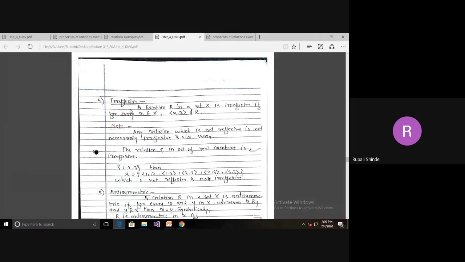Now here irreflexive means a relation R in set X is called as irreflexive if for every x belongs to X, order pair x comma x should not belong to relation R. So this is the difference. For reflexive, what we have said, x comma x must belong to relation R. But for irreflexive, a order pair x comma x must not belong to relation R. So this is a irreflexive.